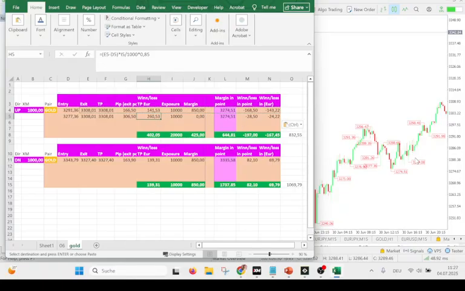But in this point, for example, 3278.08, the first trade would have still been a loss, and the second trade would have started to show some gains.